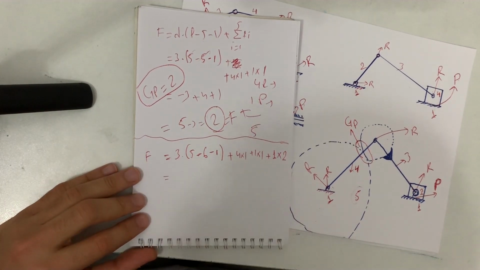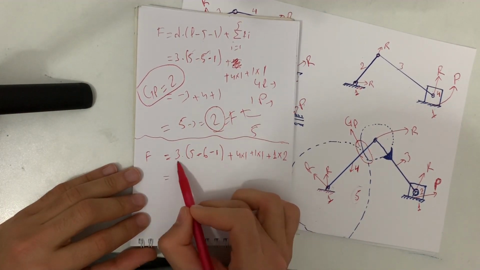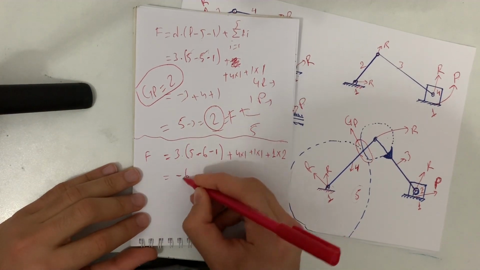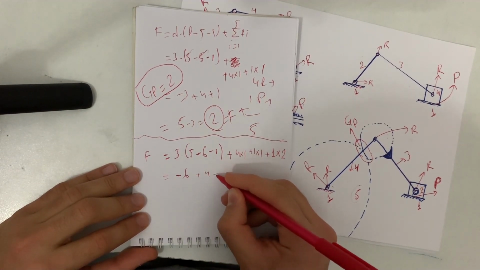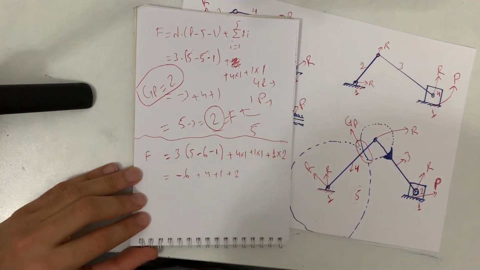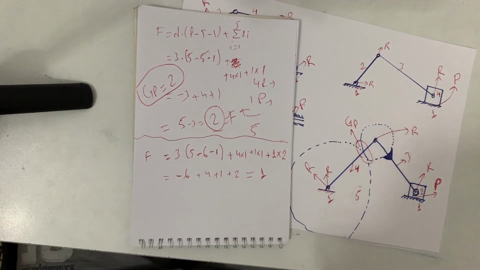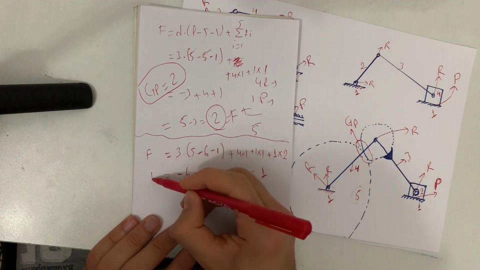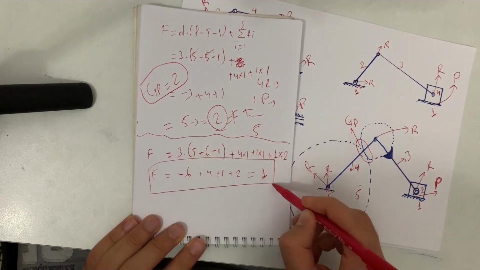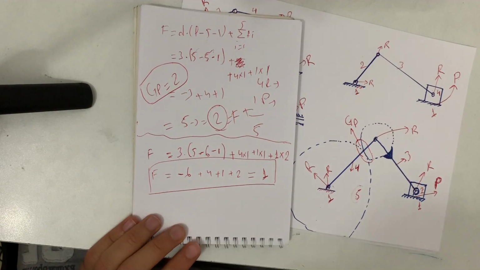Alright? So if you calculate minus 2 times 3, you get minus 6, plus 4, plus 1, and plus 2. What did you get? You got 1. Right? Yes, sir. So our degree of freedom is 1 for this example.